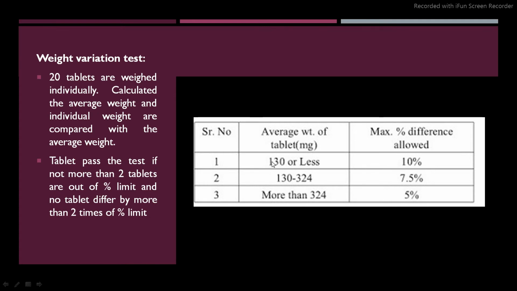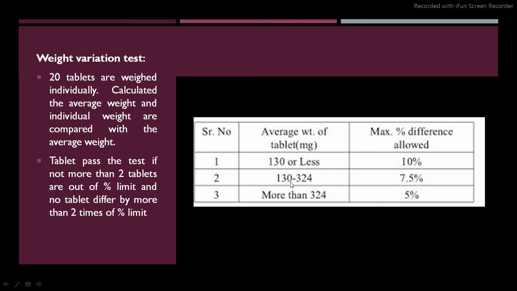If the tablet weight is 130, then the 10% of 130 is 13. So weight variation should not be beyond 130 minus 13 or 130 plus 13. This is the range for tablets having an average weight of 130 or less.